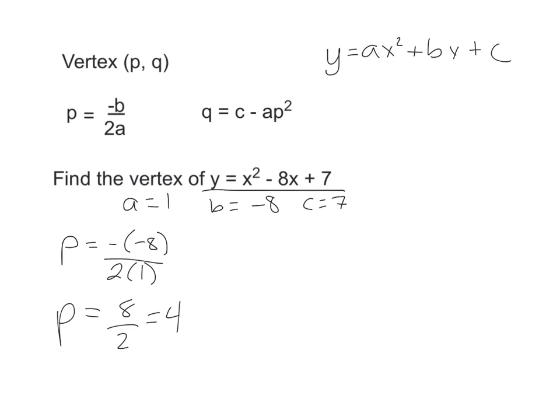The two negatives make a positive. 2 times 1 is 2. 8 divided by 2 is 4. So the vertex of this has an x value at 4. And then to find q, it's c, which is 7, minus a, which is 1, times p squared. So 4 squared.